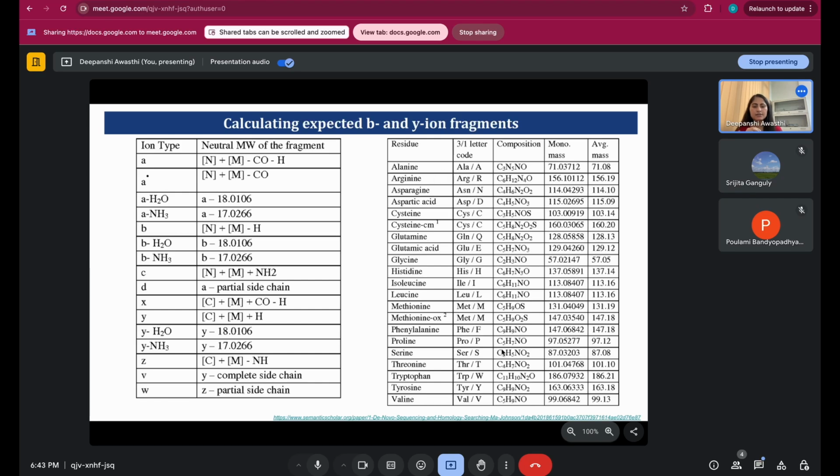So this composition will help you differentiate how they have certain masses. In this I have given the ion types and the neutral molecular weight of the fragment. One is the molecular weight, N is the nitrogen present towards the N terminal, and CO refers to the C terminal carbon and oxygen bond along with the hydrogen which is attached.